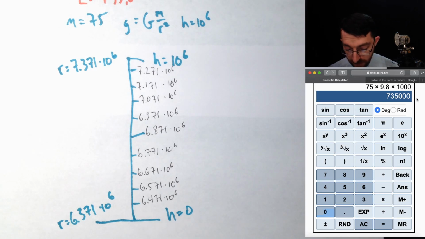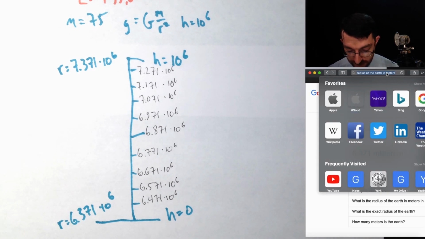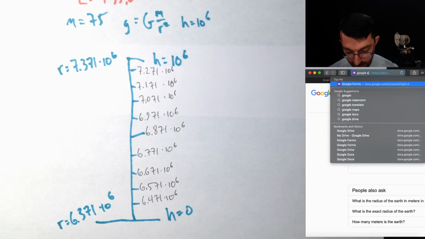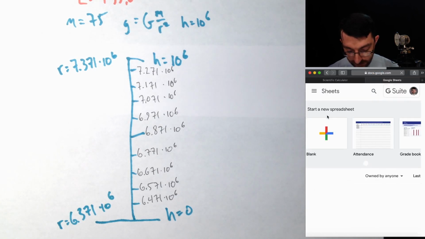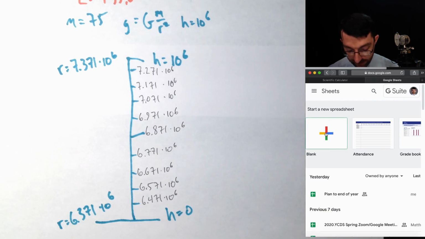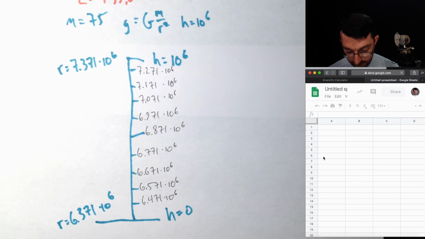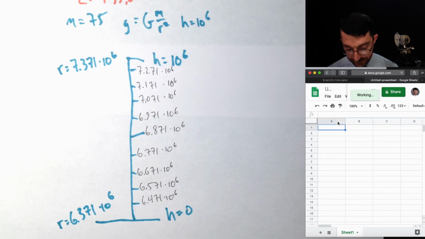No, instead I'm going to just do this in a spreadsheet because it's going to go a lot faster, and who knows, you might even learn a little something about Google Sheets.